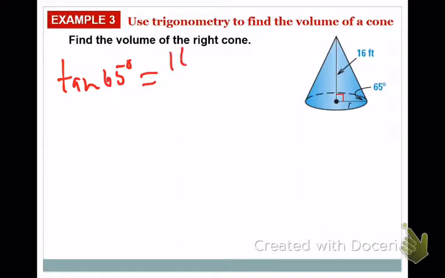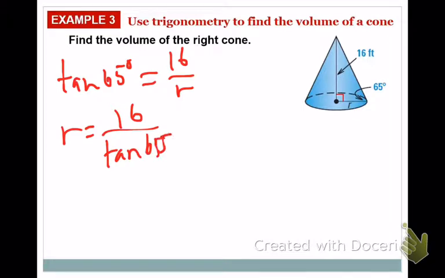So it would be 16 over R. So then R is going to equal 16 over tan of 65. All right, so then we get R equals, what does R equal? 7.46.